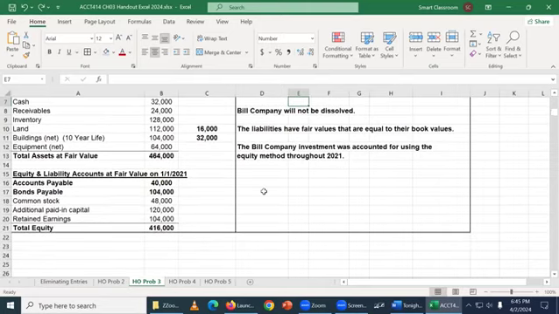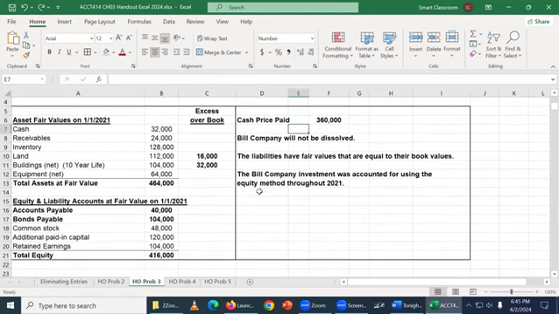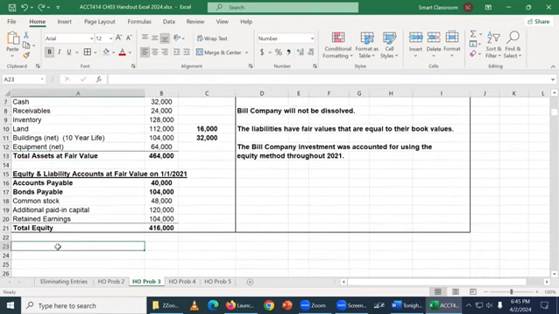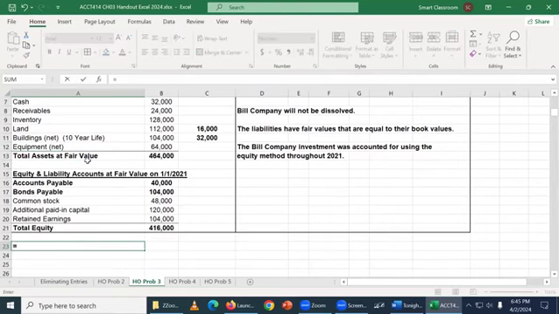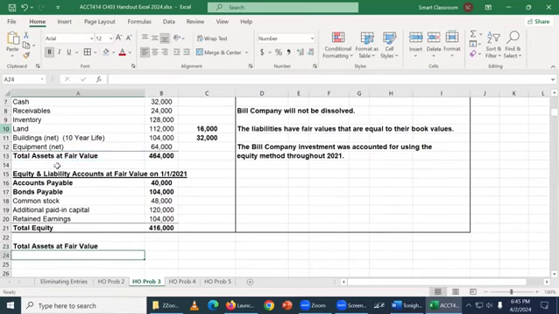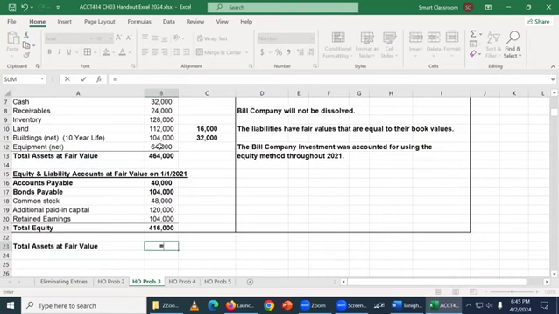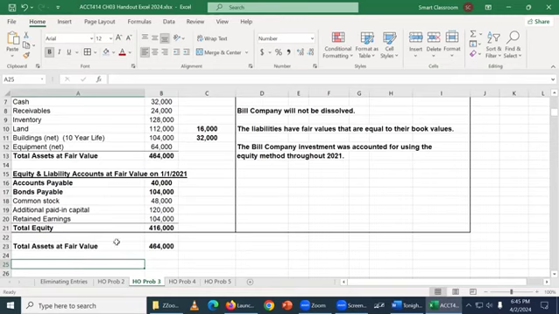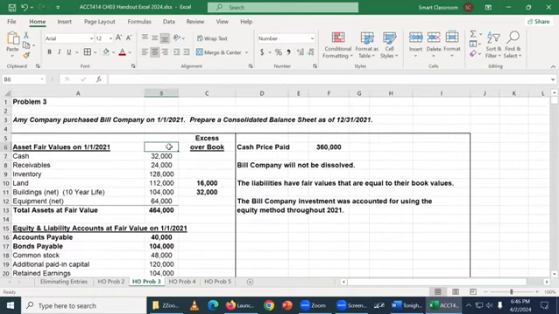Okay. So we got the fair value of the assets. And then what do we do? So we bought this company out and it has assets valued at 464,000. They don't tell us what the book values were.